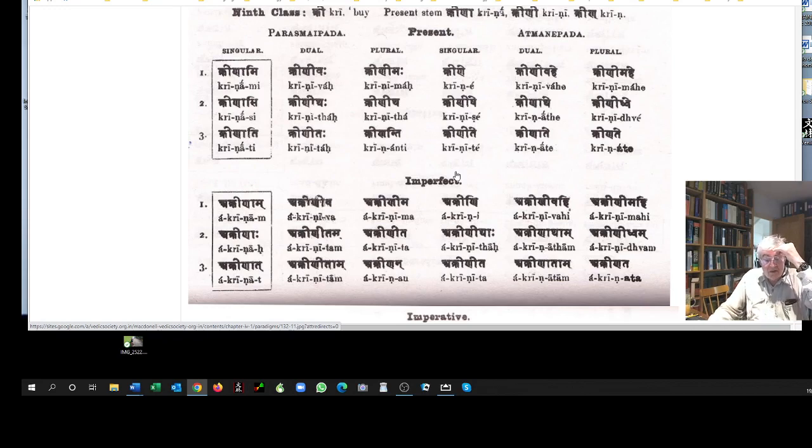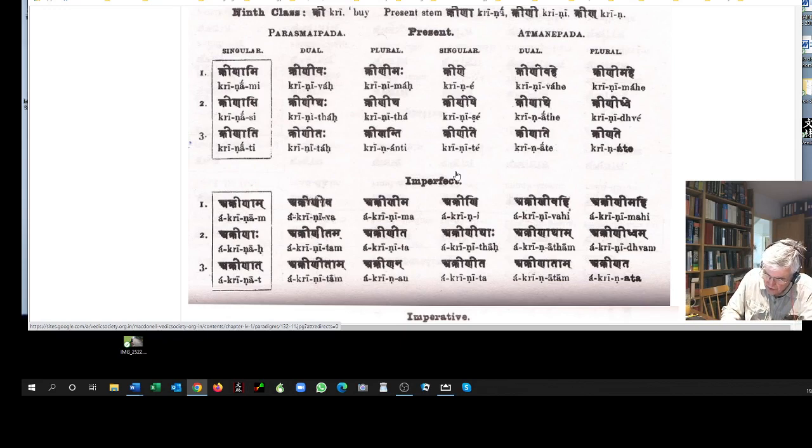So just as in the 5th class, the su class, you have the infixes no and nu, sunoti, sunute, here you add na in the strong forms and ni in the weak forms.